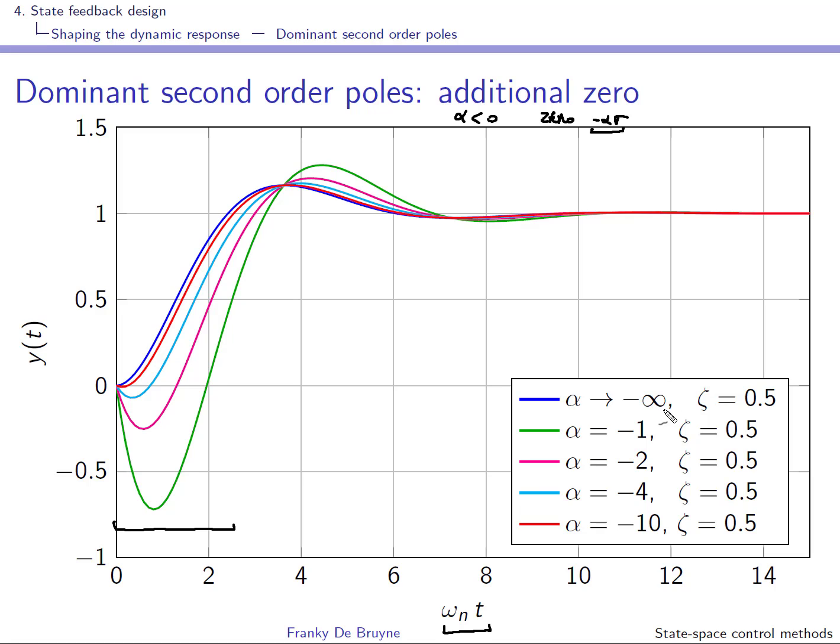Again, when alpha in modulus is large, the presence of the 0 is hardly felt, and when alpha is tending to minus infinity, you have the step response of the original transfer function without the 0. So this is this transfer function here.